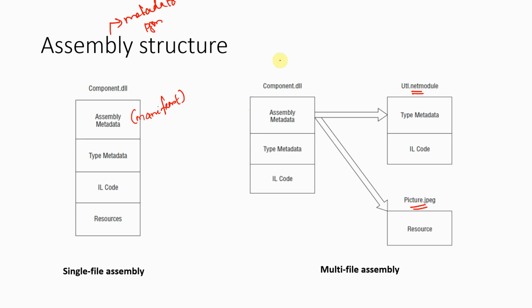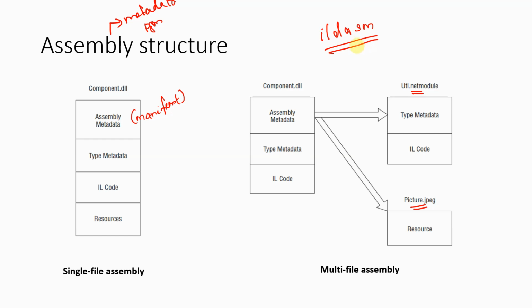So you may want to view the assembly file. To view it, we have a command tool called ILDASM, which stands for intermediate language disassembler. By using this tool, we can view the assembly created inside the particular application.